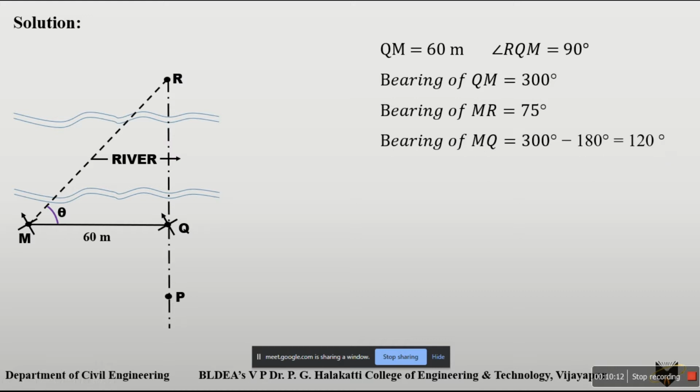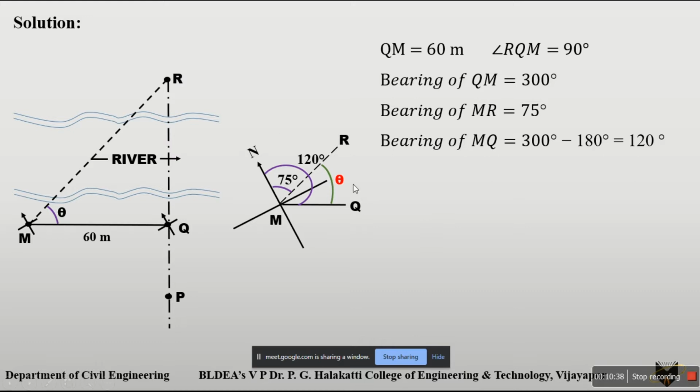Clear? Then if you know that it is 75 degree here, then from this north line to this MQ line, it is 120 degree. You have just calculated it here. So just observe here, 120 degree minus 75 degree, we'll get this much angle here, that is our theta.